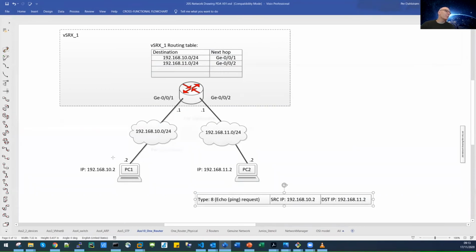So to recap, PC1 sends up to the router, and the router looks at the destination IP, realizes where that subnet is, where that receiving device hopefully is sitting, and it will send that over, in this case, to PC2.